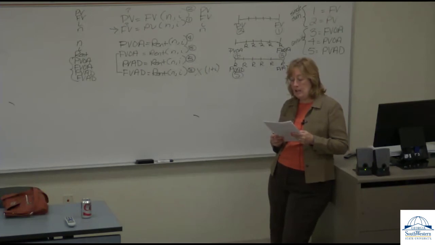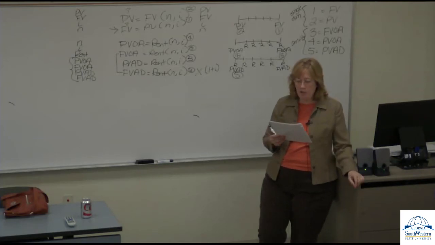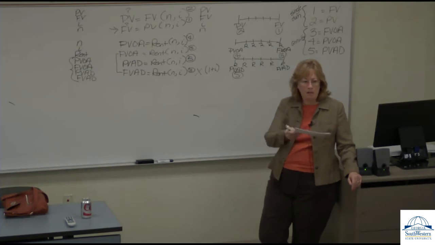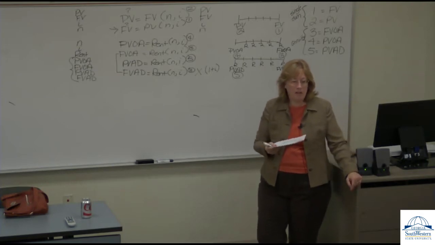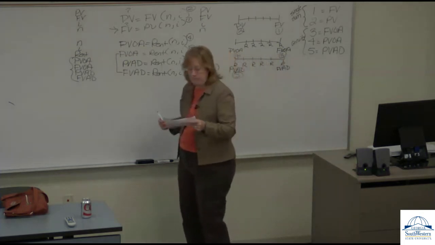So Sally will invest $8,000 a year for 20 years in a fund that will earn 12% annual interest. If the first payment occurs today, what amount will be in the fund in 20 years? You can move back there if you want to. Okay. All right. So who wants to help me on this one?